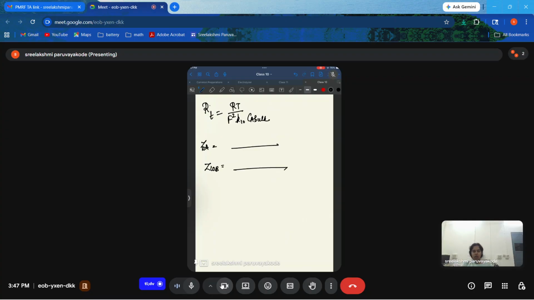So you will have K1 naught by root of J omega dA at the top, and you will have K1 0 CA bulk F by RT. So you'll get RT by F into CA bulk root of J omega dA.